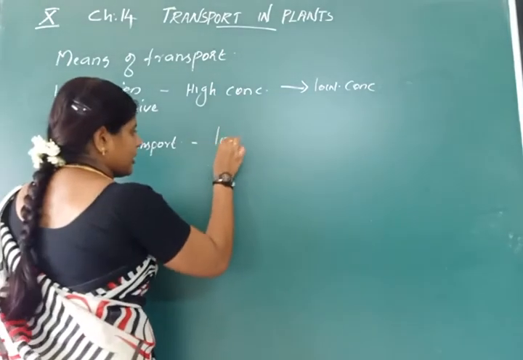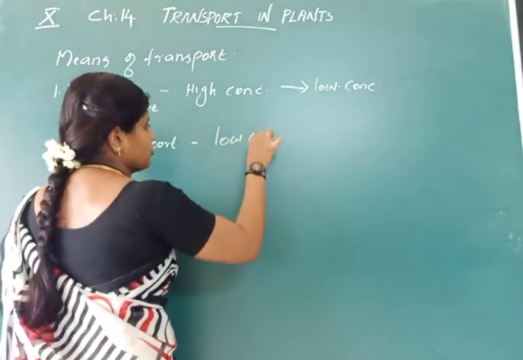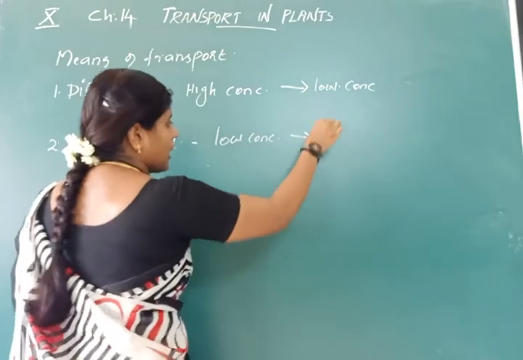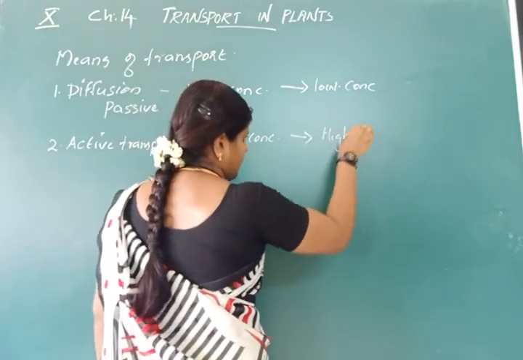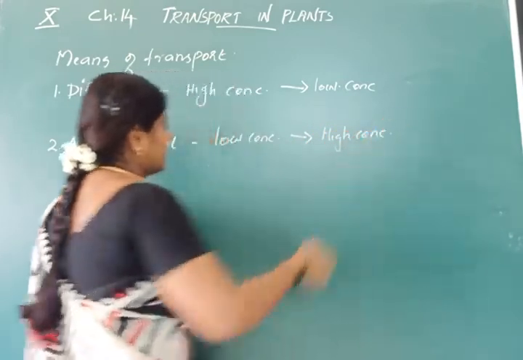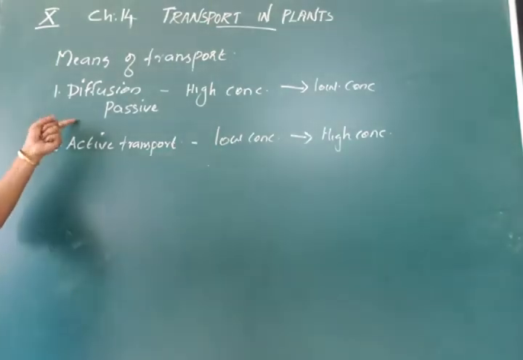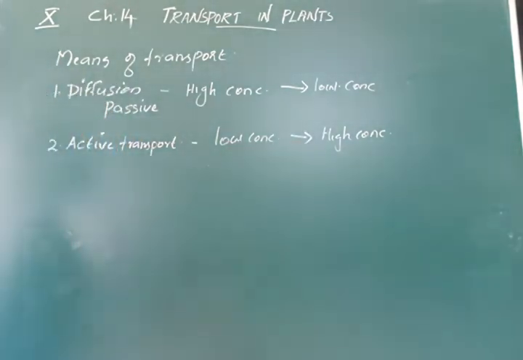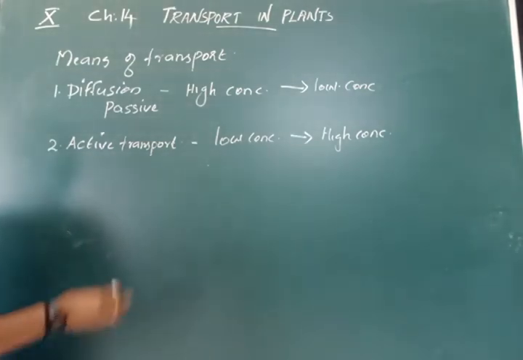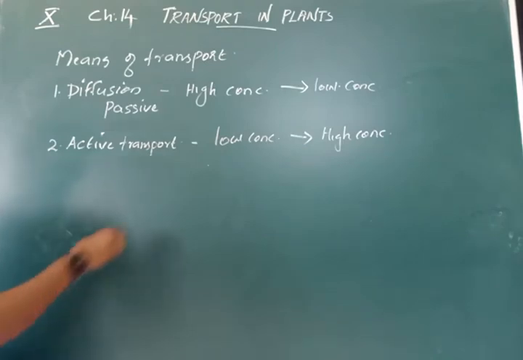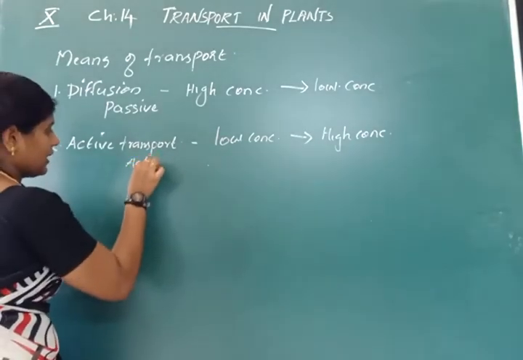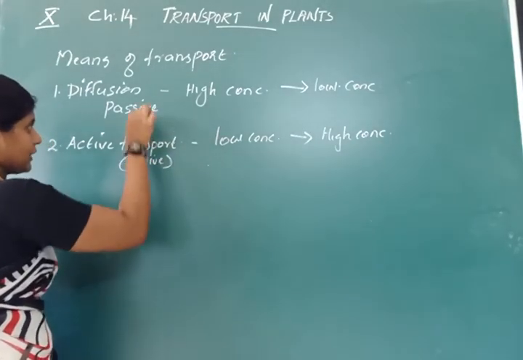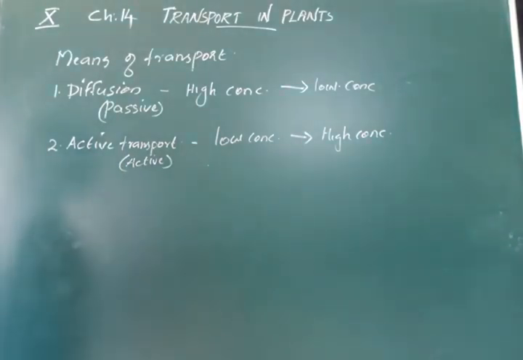Against the concentration gradient means from low concentration to high concentration. In case of diffusion, it is along the concentration gradient. In case of active transport, it is against the concentration gradient. Here, energy is required. So it is an active process.